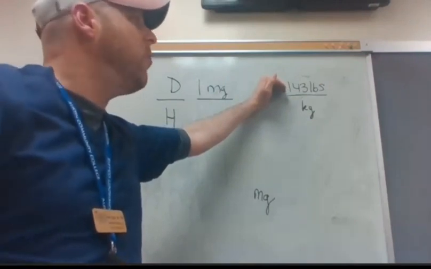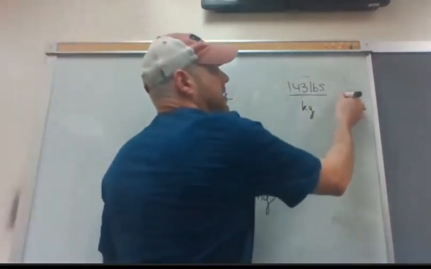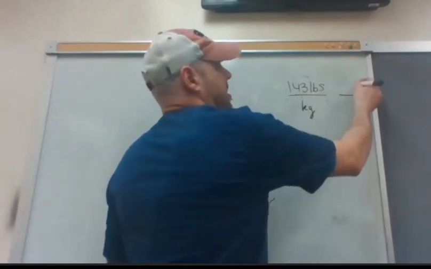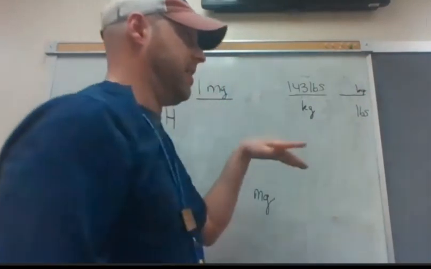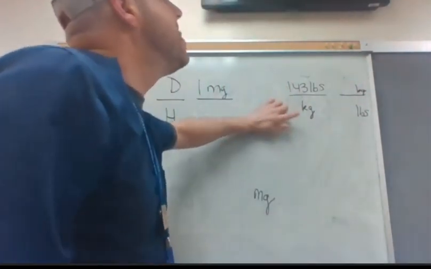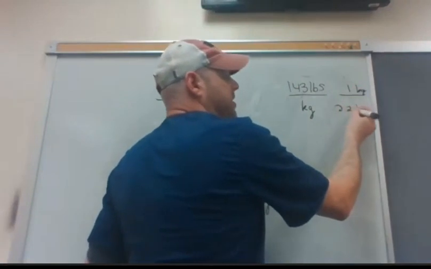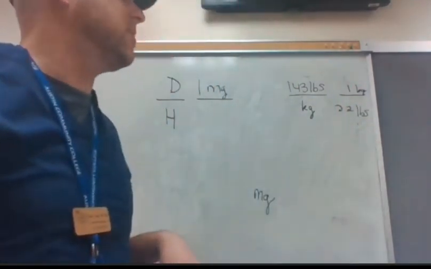However, I want kilograms. So pounds comes down, correct? Kilograms is at the top, so I can cancel. All right. There is 1 kilogram is 2.2 pounds.